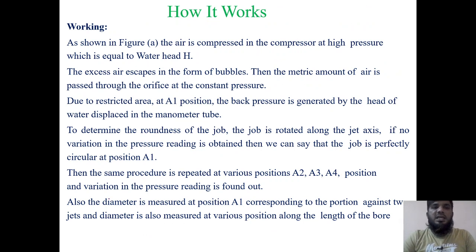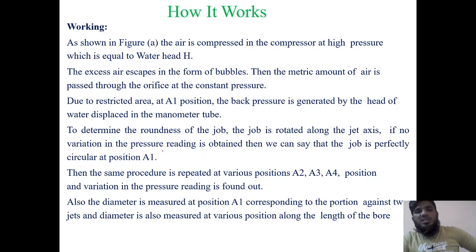The excess air escapes in the form of bubbles, then the metered amount of air is passed through the orifice at a constant pressure. Due to the restricted area at position A1, the back pressure is generated by the head of the water displaced in the manometer tube. To determine the roughness, the job is rotated along the jet axis.